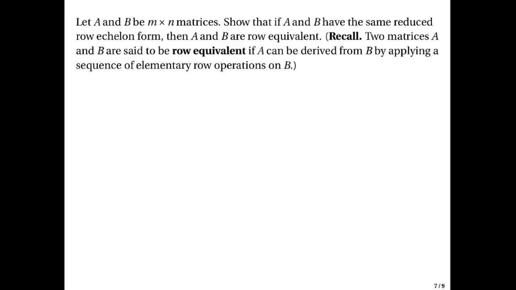Show that if A and B have the same reduced row echelon form, then A and B are row equivalent.